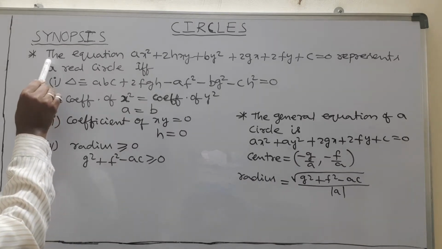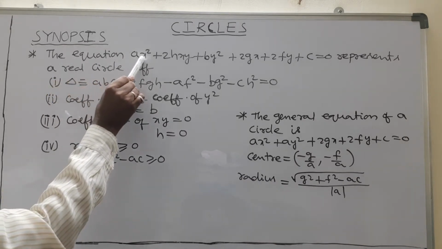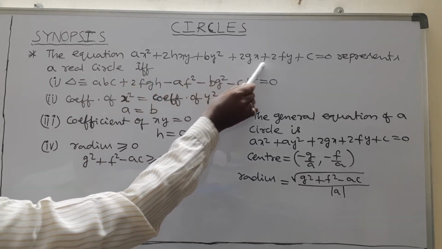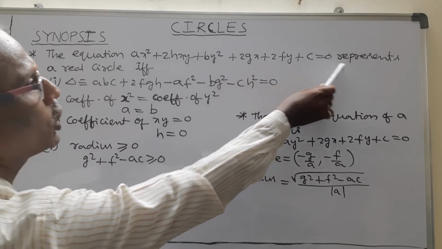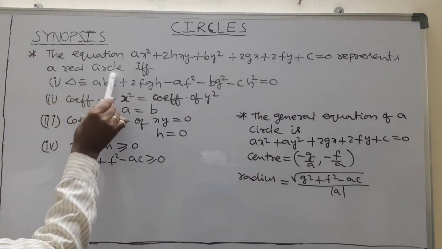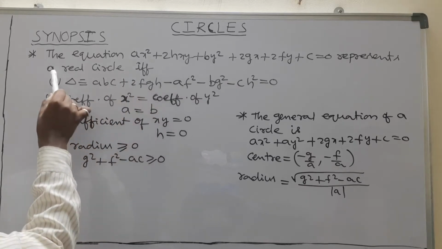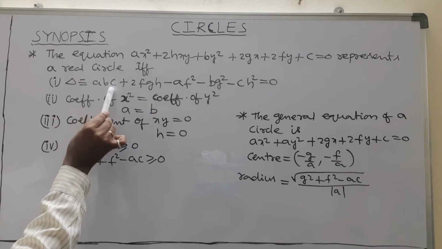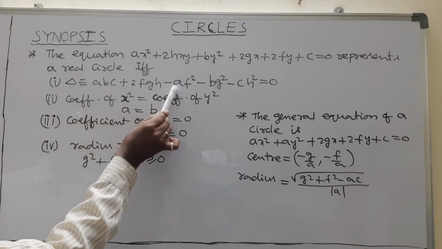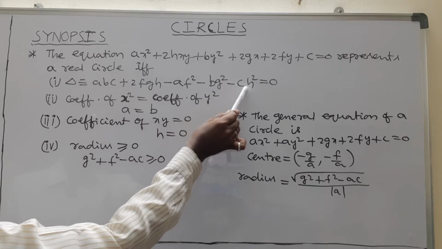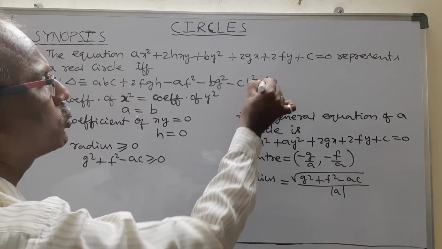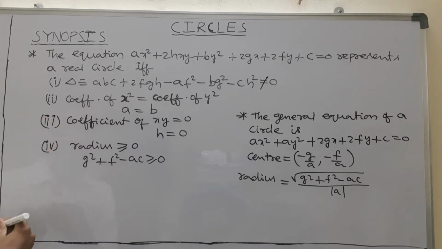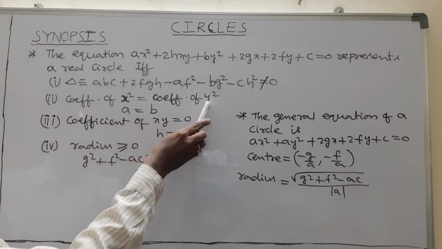Next, the equation ax square plus 2hxy plus by square plus 2gx plus 2fy plus c equal to 0 represents a real circle if and only if these conditions hold. First, delta, the formula is abc plus 2fgh minus af square minus bg square minus ch square, does not equal 0. Second, the coefficient of x square is equal to the coefficient of y square.